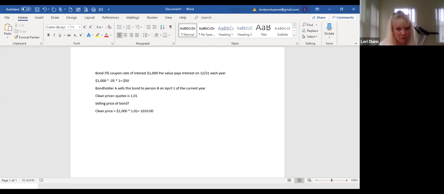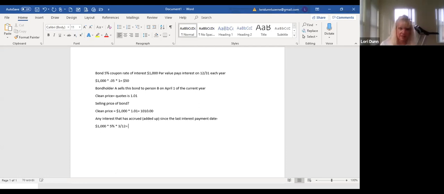Now, the next thing we have to look for is any interest that has accrued or added up since the last interest payment date. So let's calculate that. 1,000 times 5%, or 0.05, times 3/12.